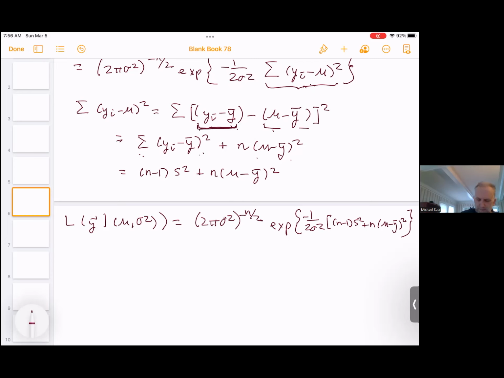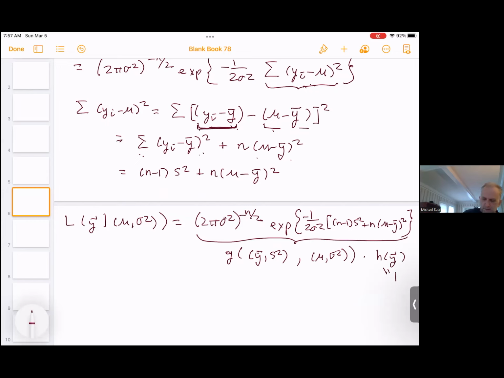Notice this whole thing is G, right? It's all there is. I have my parameter and my sufficient statistics, so I have s squared and y bar. It's my T. And here I have my mu, sigma squared, times h of y, which is just equal to 1 here, the number 1.